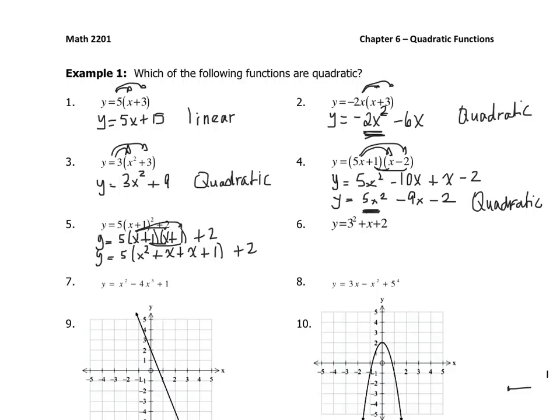And we're not really asked to simplify these, so you could actually stop there if you realize that this is going to be a quadratic as well, because you would end up with 5x squared plus 5x plus another 5x, which would be plus 10x. And then this 5 has to be distributed to that 1, so that would be 5 plus the 2 that's outside, so a 7. So this would be a quadratic as well.